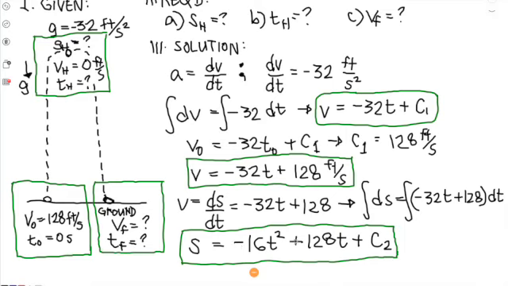Okay, so now that we have these equations, how will they help us to find our requirements, which are the highest position, the time at the highest position, and the velocity at the final position or on the ground?